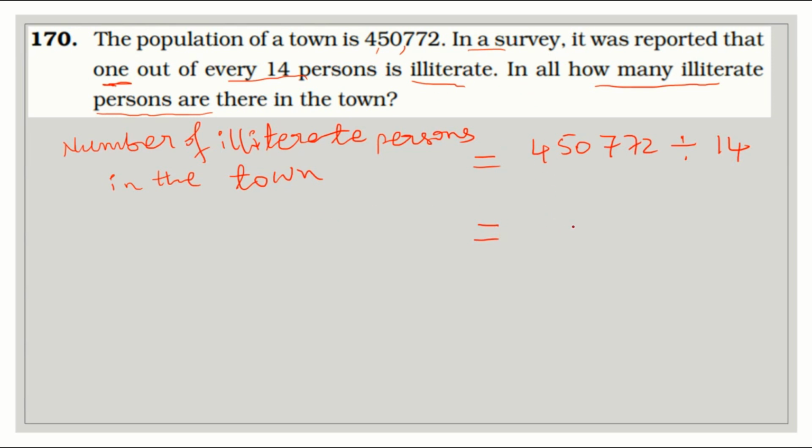You know how to do division. If you do it correctly, you are supposed to get 32,198, which gives the count of illiterate people in the town.